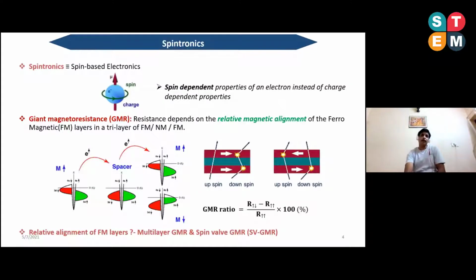Now, if you look at spintronics, we talk about the electron spin, and how it contributes when there is spin-dependent scattering of the electron in the system.